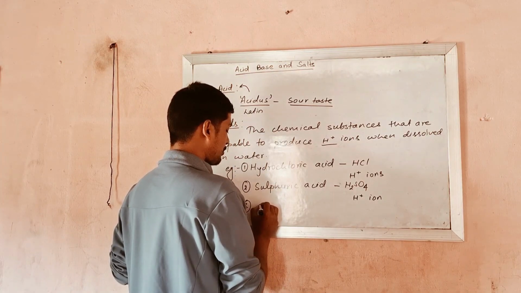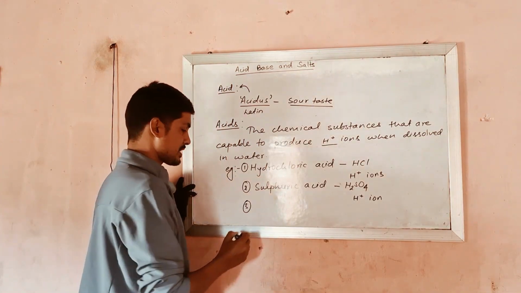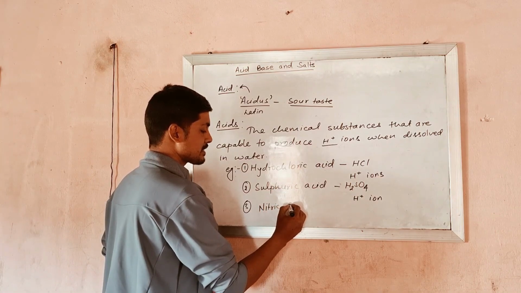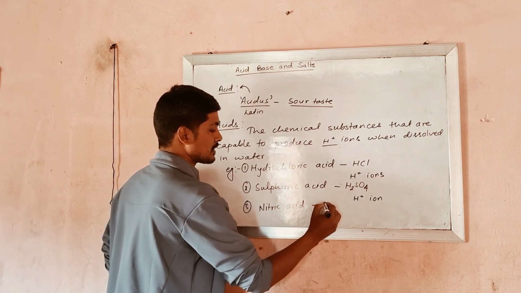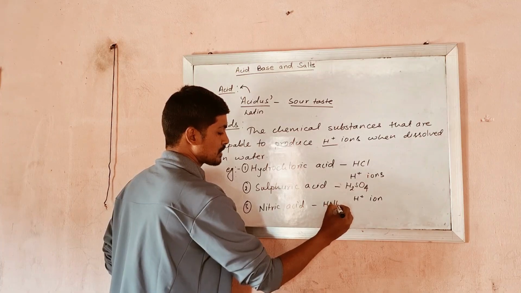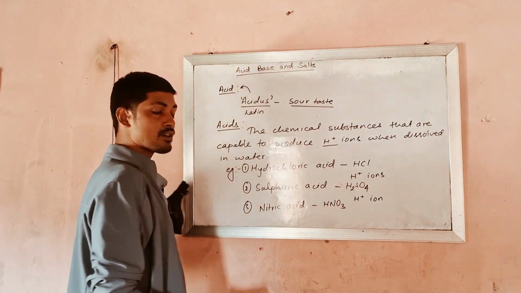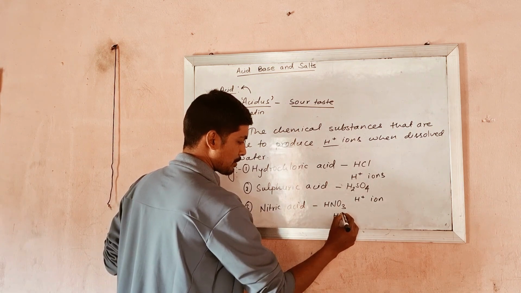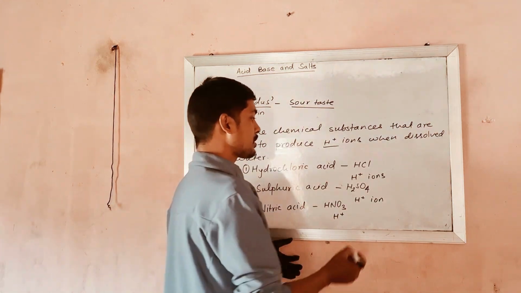Similarly, we have another example, nitric acid, whose molecular formula is HNO3. When dissolved in water, it also produces H plus ions.